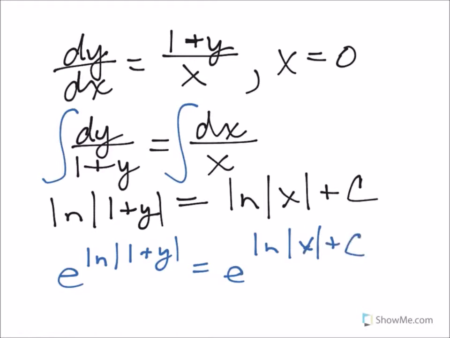Now this leads to the absolute value of 1 plus y equals c absolute value of x. Now, the AP grading rubric never showed this step this way. They just wrote 1 plus y equals c absolute value of x. I'm going to show you why they can do that.